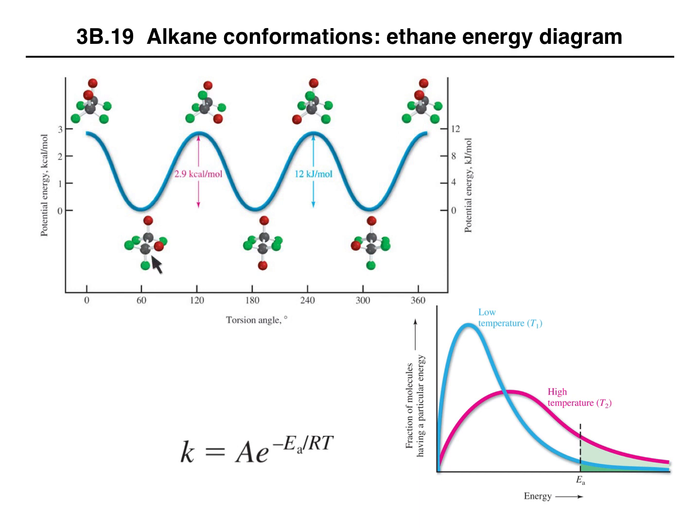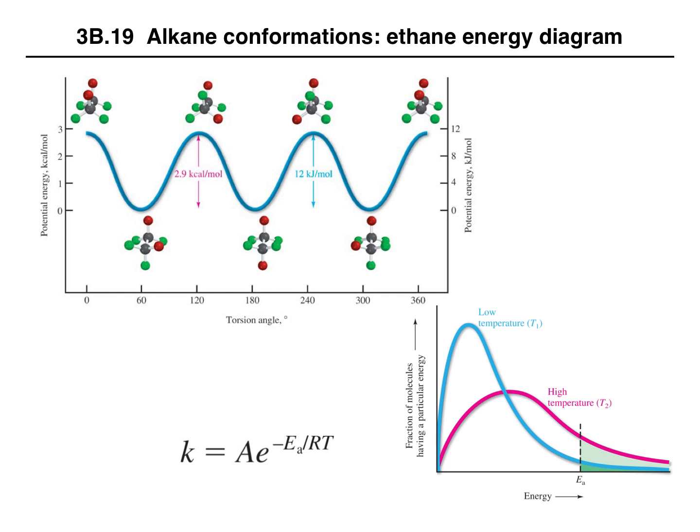As we continue to turn this, we are increasing the torsional strain until we get to another maximum when we have a second eclipsed conformation. If we keep rotating, we're going to decrease the torsional strain until we get to another staggered conformation, continue rotating, and we increase the torsional strain to another maximum, decrease the torsional strain to another minimum, increase the torsional strain back up to the maximum.